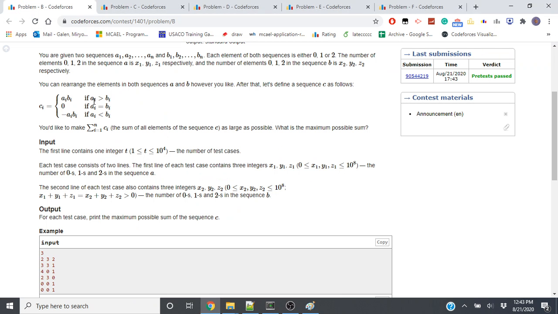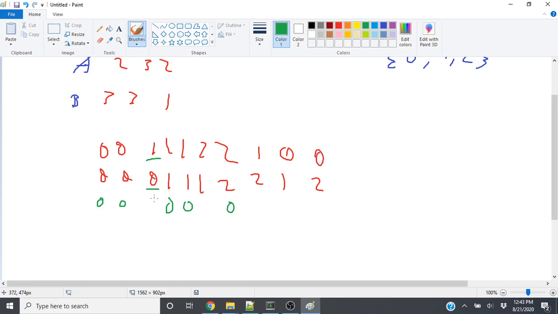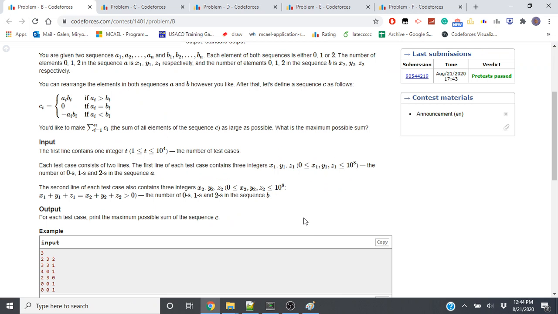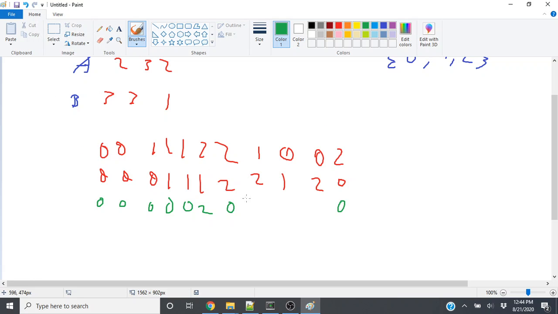If A_i is greater than B_i, then you make it A_i times B_i. So in this case it's 0, in this case it's 2. And if we had 2, 0, it would also be 0. And if A_i is less than B_i, then it's negative A_i times B_i. So this would be negative 2, this would be 0, this would also be 0.